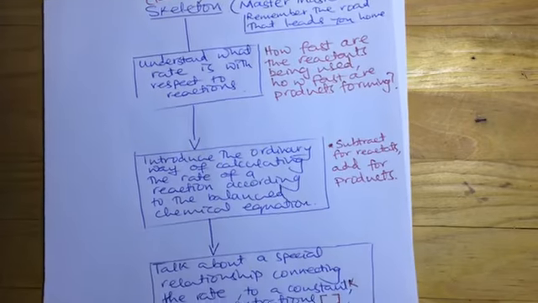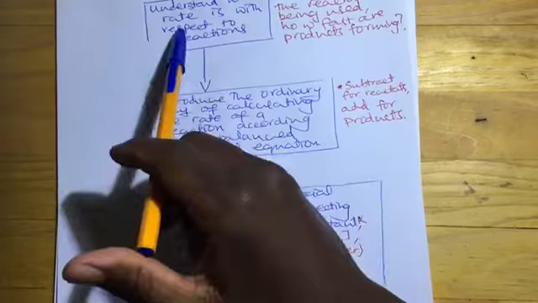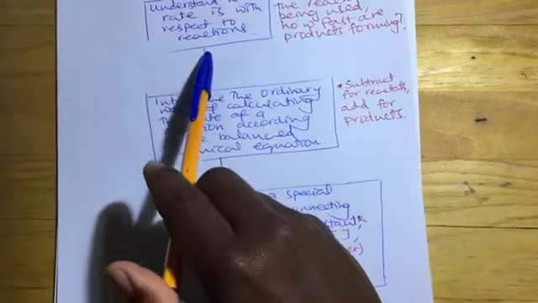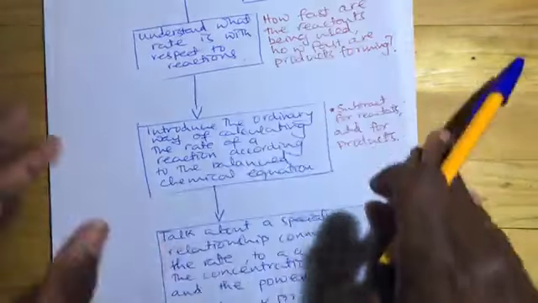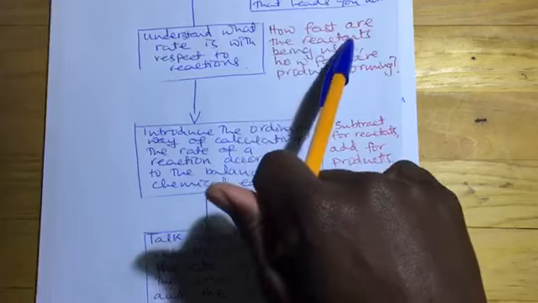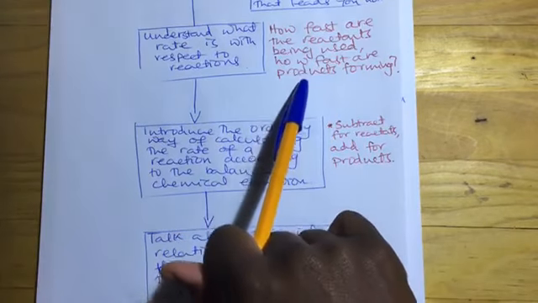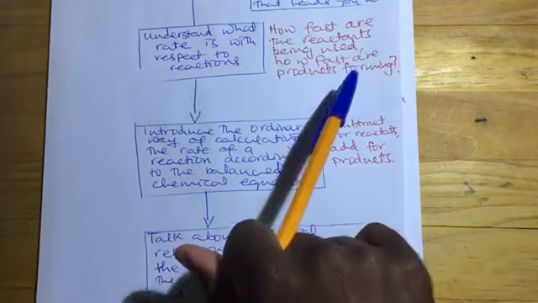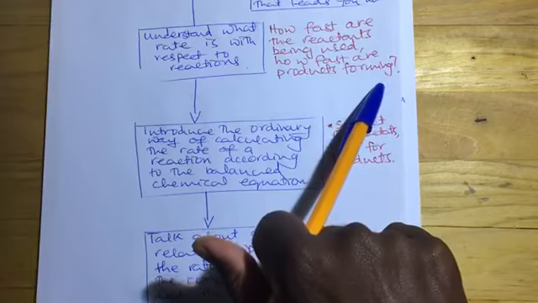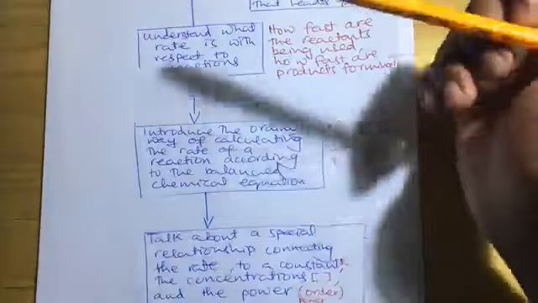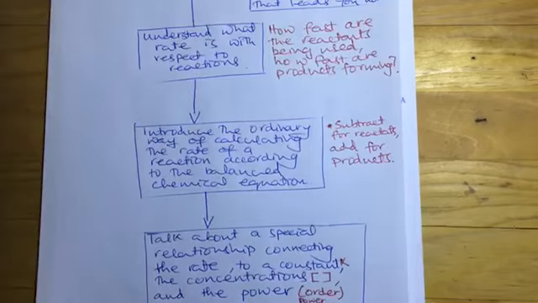Okay, so firstly, you need to understand what rate is with respect to reactions. Rate basically refers to how fast reactants are being used up, or how fast products are forming. Like you're eating fish with your friends.